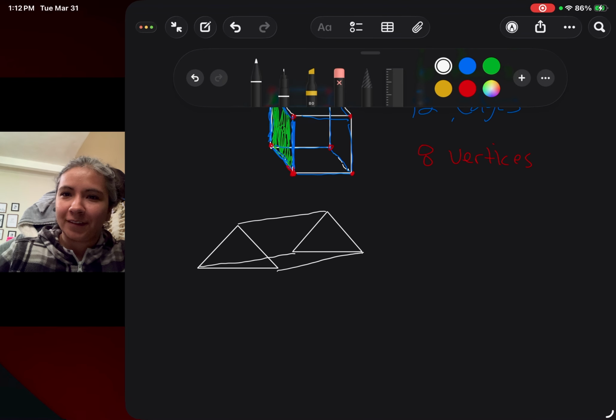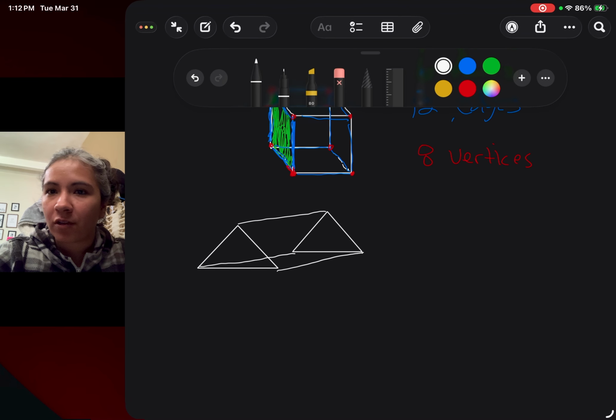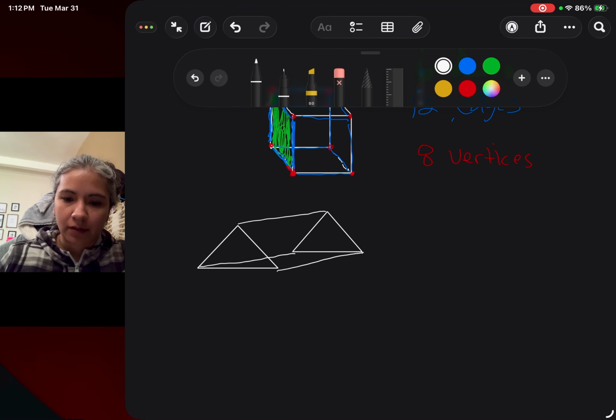So this triangle runs all the way through. It's like you're pulling it across somewhere, and whenever you stop, that makes a prism.